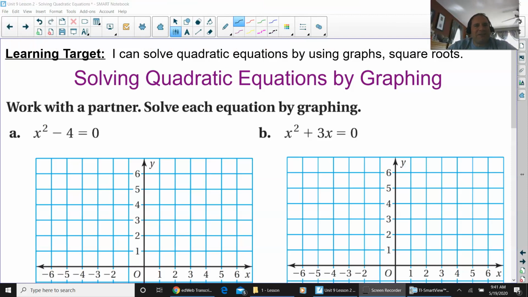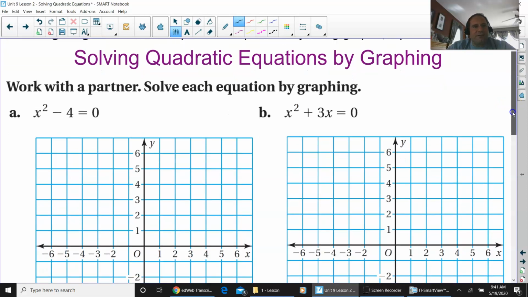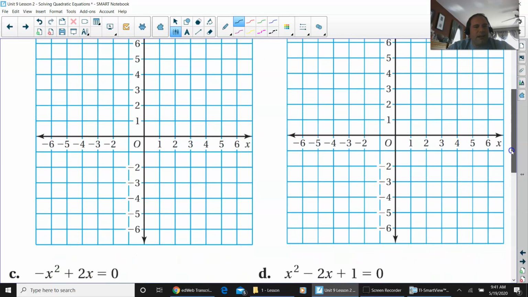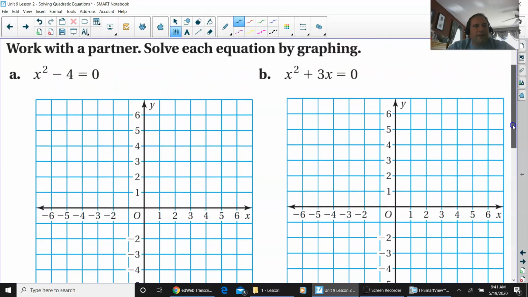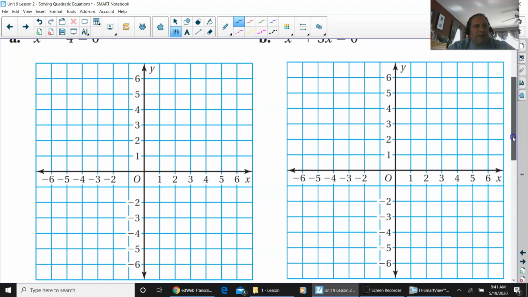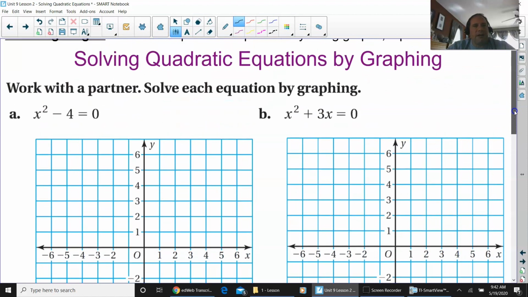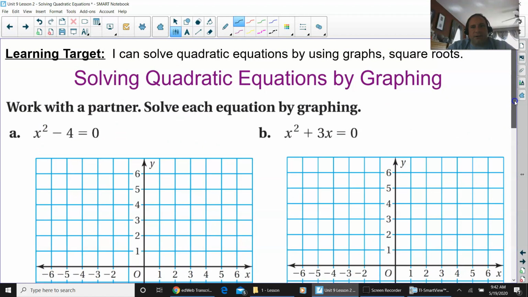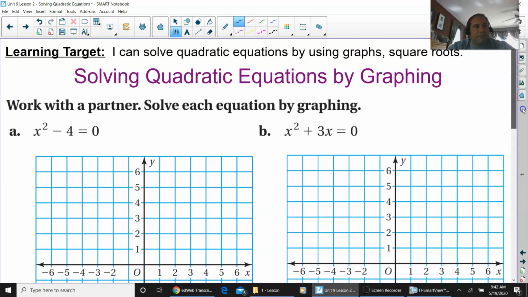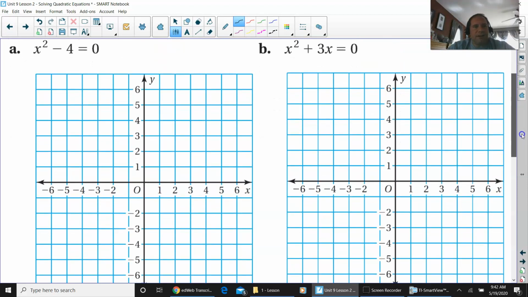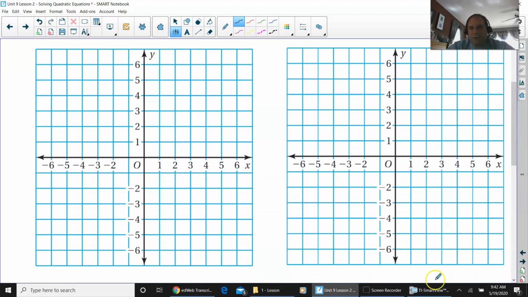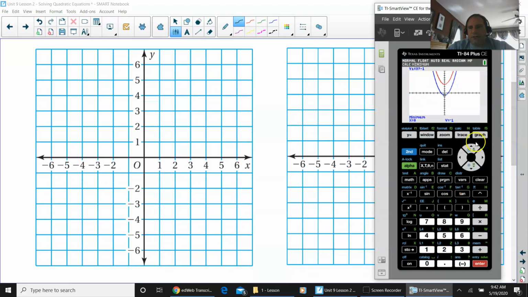Solve each equation by graphing. So we're going to just go ahead and start graphing these with the graphing calculator. And this is x squared minus 4 equals 0. And we are going to graph them, and using that graphing calculator, just go ahead, clear out what we had here in y equals.